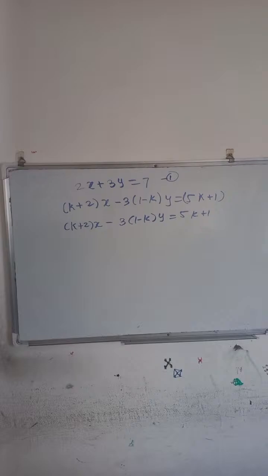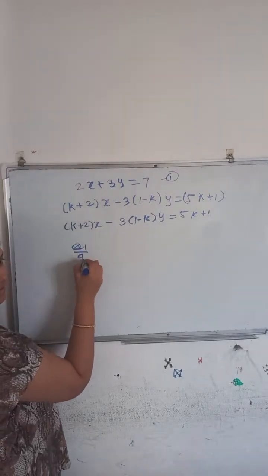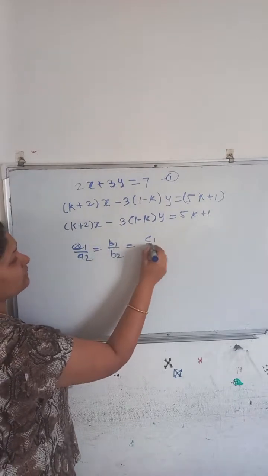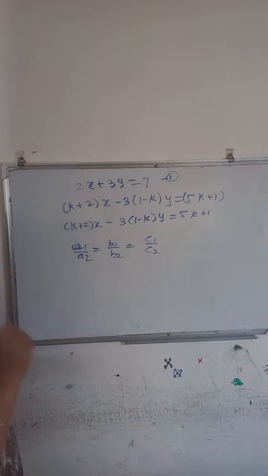Infinitely many solutions. Infinitely many solutions means a1 by a2 is equal to b1 by b2 is equal to c1 by c2. For writing the correct condition, you will get 1 mark.